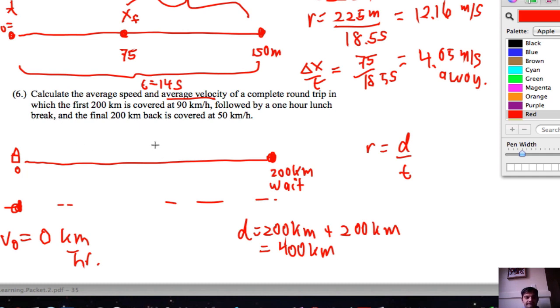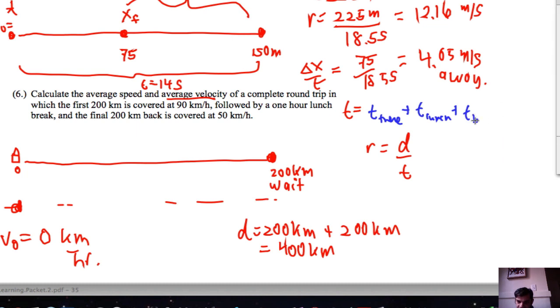Here's the problem, and this is the tricky part: my time is going to be the time there plus the time for lunch plus the time back, and I have to calculate that using the numbers they give me. So we split this into 2 speed problems. We get the time to go there and the time to go back, using distance equals rate times time.